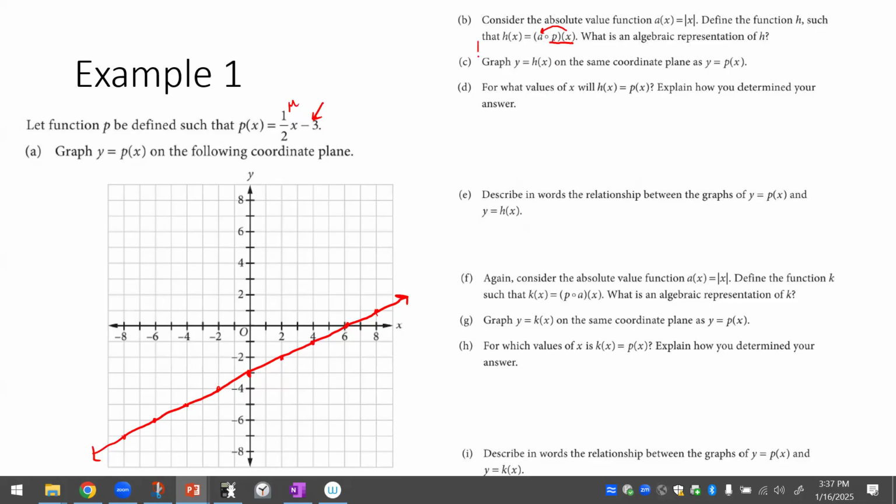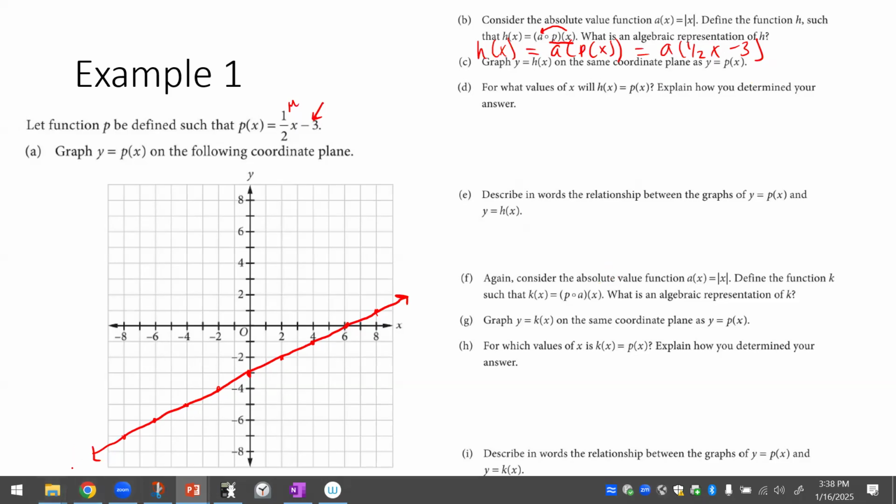So therefore, h of x equals a composed of p of x, which means a composed of 1/2 x minus 3. Agree? Composition?